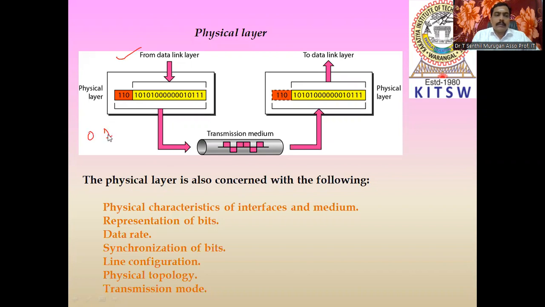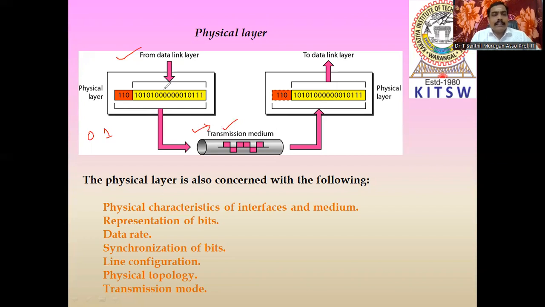In digital format, we can represent any value as zeros and ones. The 0 is a single bit, the 1 is a single bit. Combinations of zeros and ones are considered bits. So the frame is converted into bits, then the bits are converted into a signal. The signal is transmitted through the transmission medium and reaches the destination. This is the role of the physical layer.